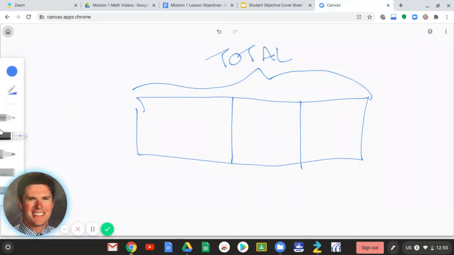So when we have a tape diagram and we're dealing with addition, we have a whole and it's broken up into pieces. And all those pieces together give us the total. So, for instance, I'm just going to make one up here. If Billy had 3 apples, James had 2 apples, and Amanda had 6 apples, how many apples do they have in total?